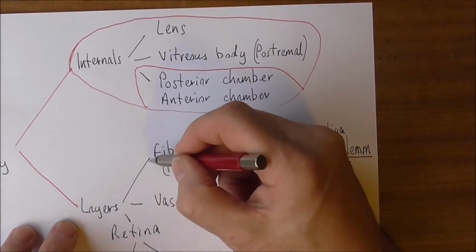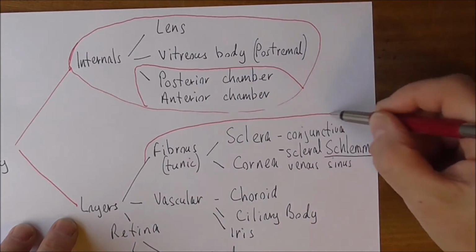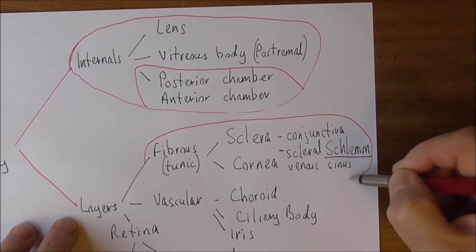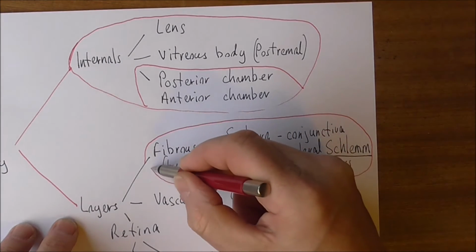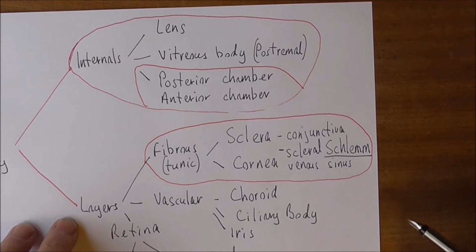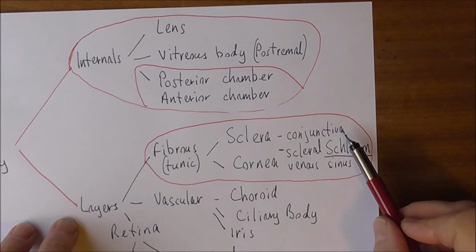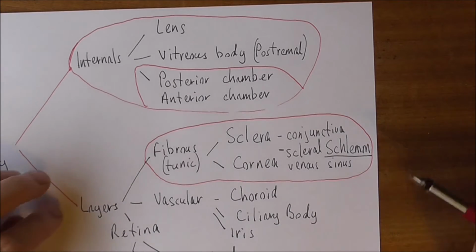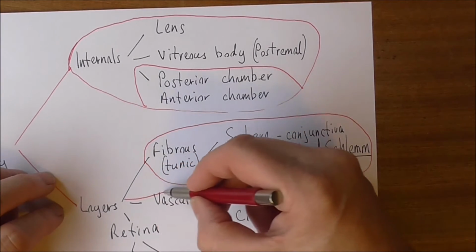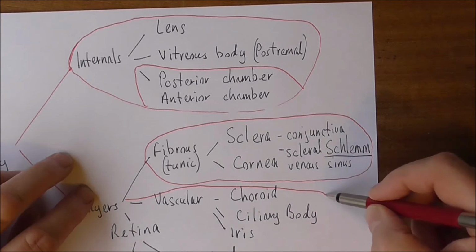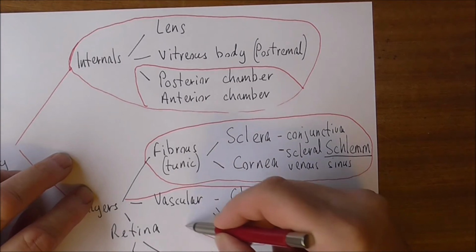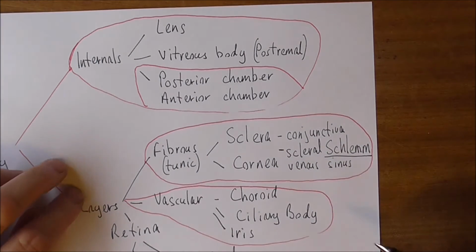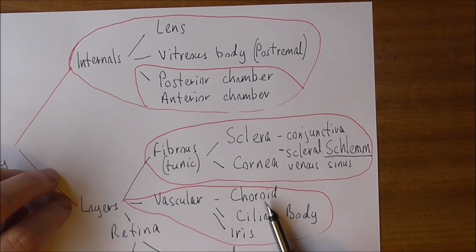Then we have the fibrous layer, sclera and cornea, with the conjunctiva external to the sclera and lining the eyelids. Then we have the vascular layer, consisting of the choroid, the ciliary body and the iris. Again, a continuous layer, but with these different components.